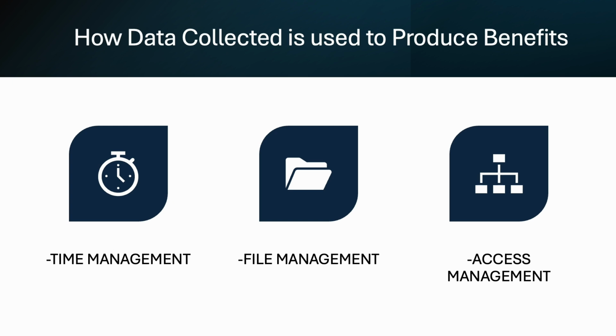Beyond security, this data enhances organizational performance in 3 critical areas: time management, file management, access management. By identifying these inefficiencies, such as the slow response times to alerts, businesses can streamline workflows, saving time and resources.